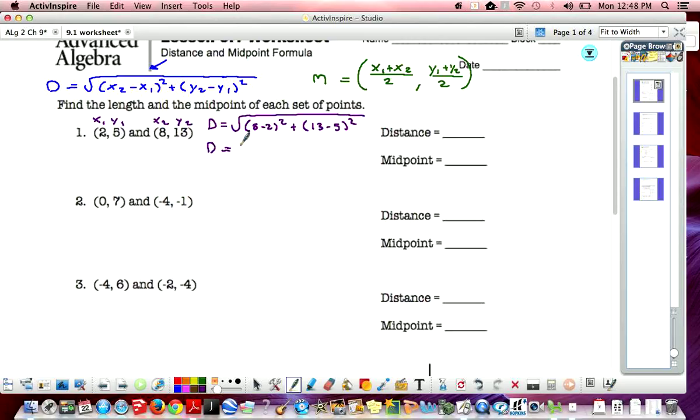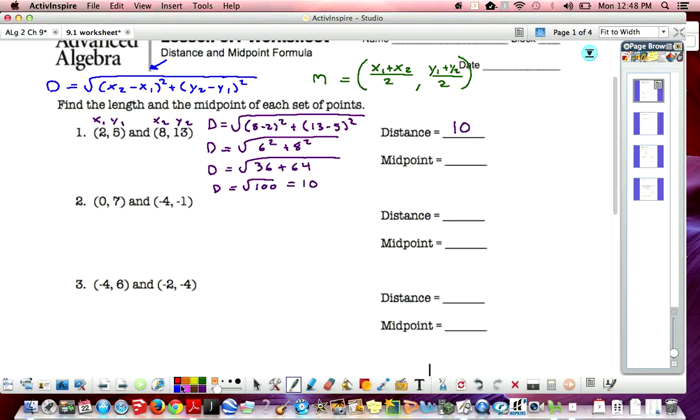So as I continue to do that, I get 6 squared plus 8 squared, 6 squared, 36, 8 squared, 64. Add those together, I get the square root of 100. Square root of 100 is 10.